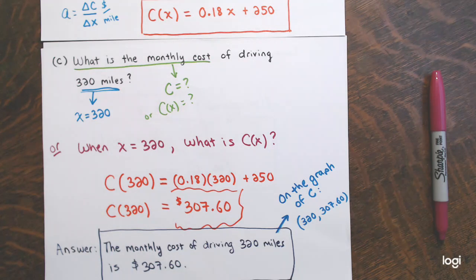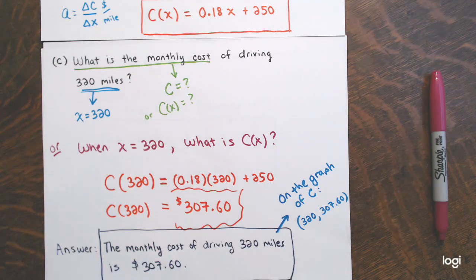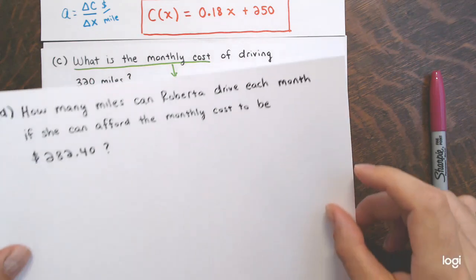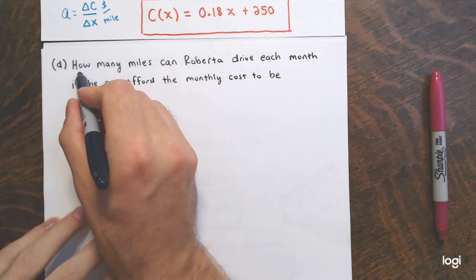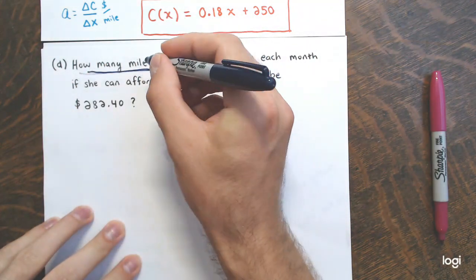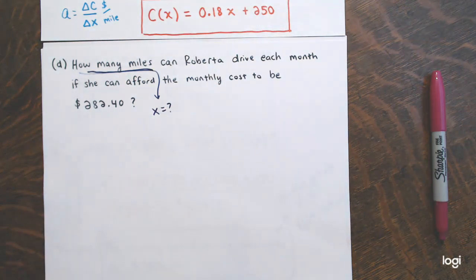So the next part, now, in part C, I was given a mileage and asked for a cost. Part D is the other way around. So how many miles, right away I'm seeing they're asking for x, because x was the number of miles.